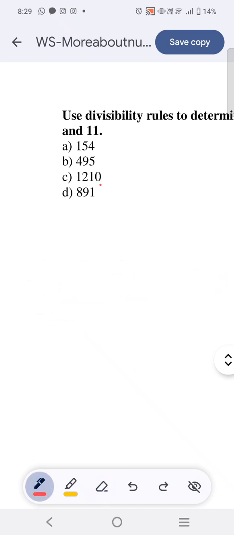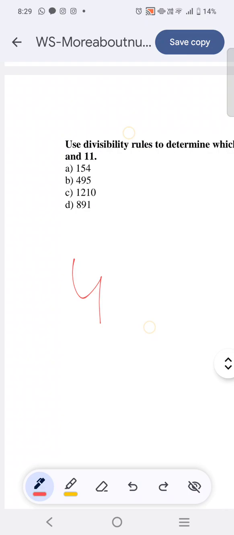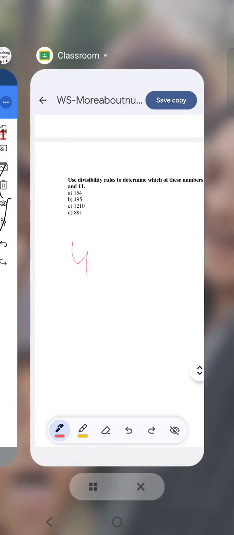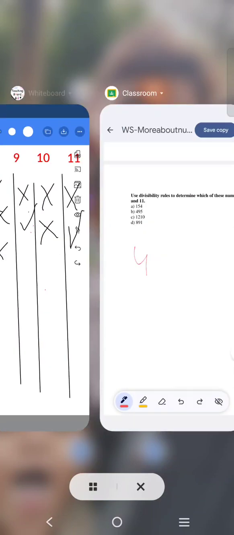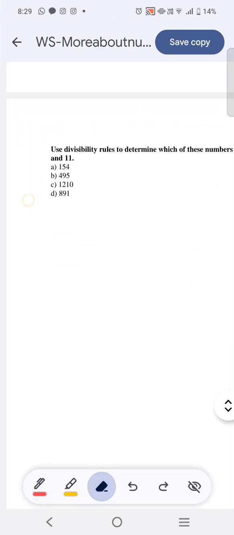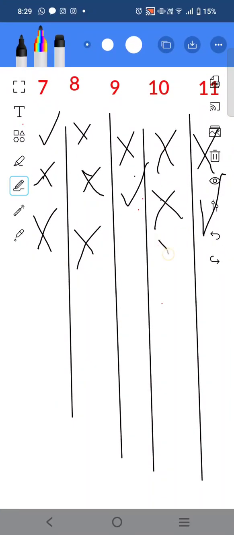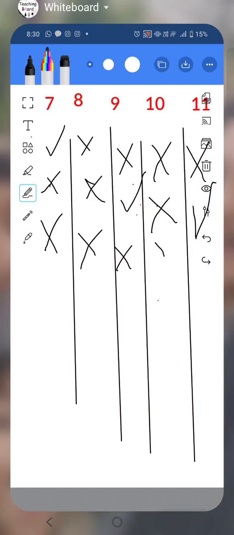Now is 4 divisible by 9? Nope. Because 4 2s are 8, 4 3s are 12. There's no 9 in between. Okay? So we are gonna put a cross mark here at 9.